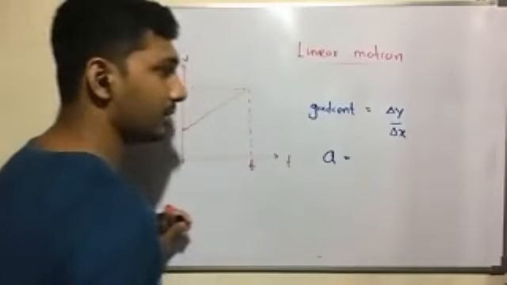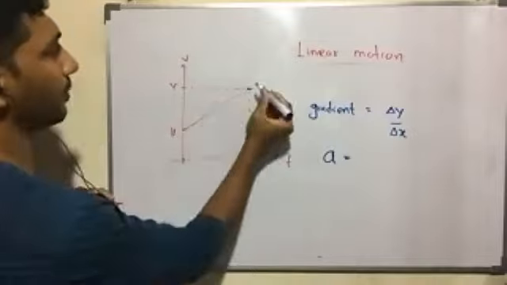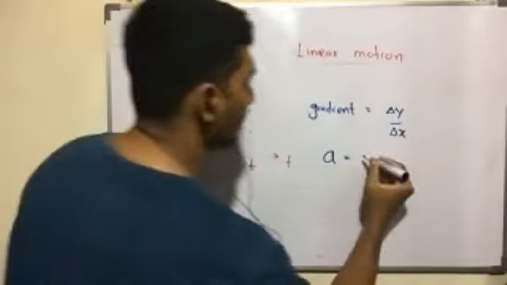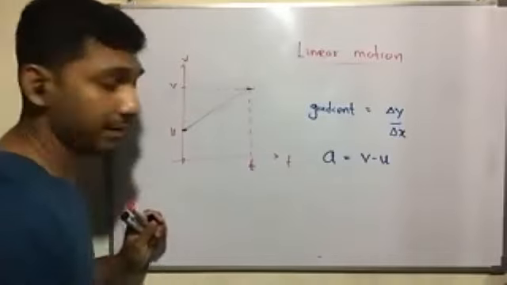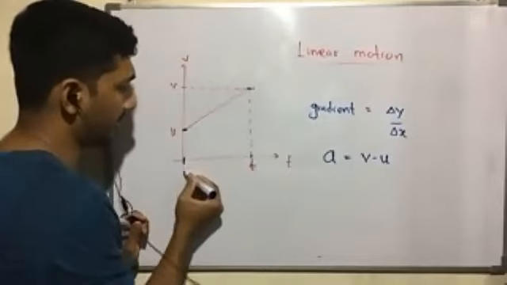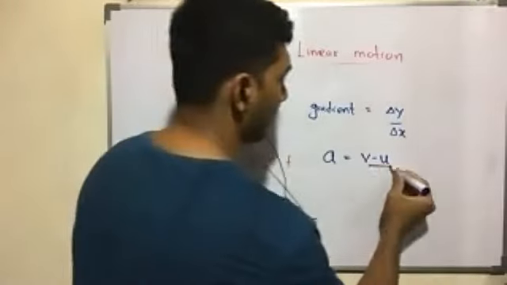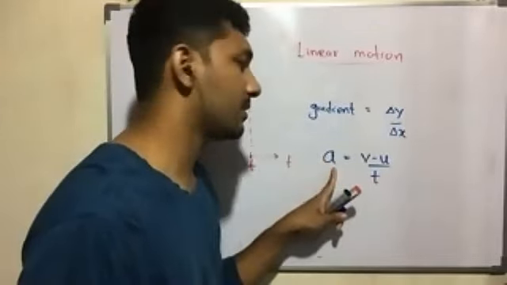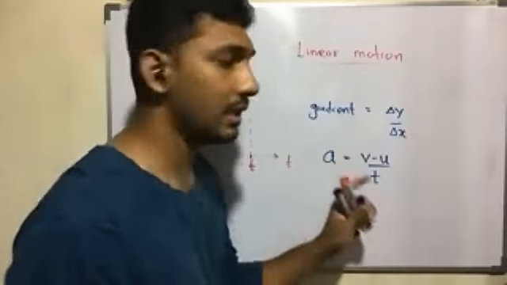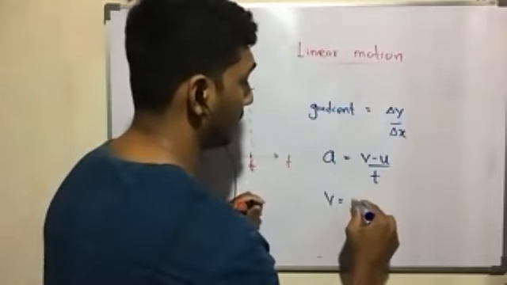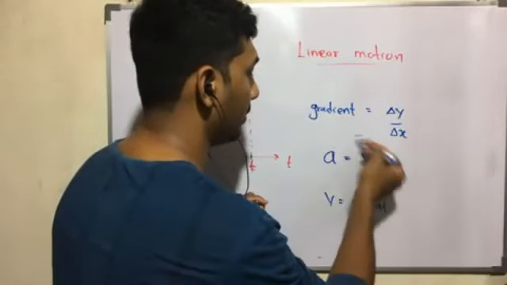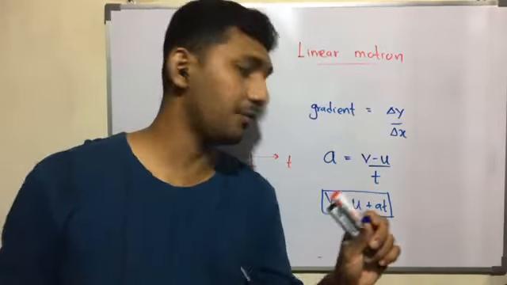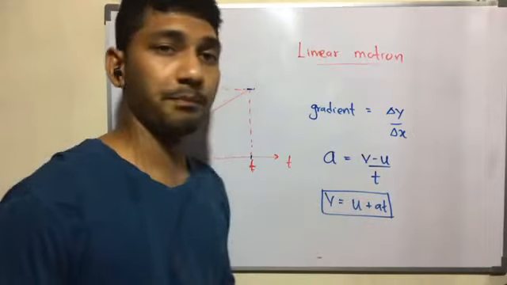Acceleration equals v minus u divided by t, since the difference in x is t minus 0. Now let's make v the subject. If you send t to this side, it will multiply, giving at. If you send u to this side, it becomes plus u. So v is equal to u plus at. This is the first equation that we derive.